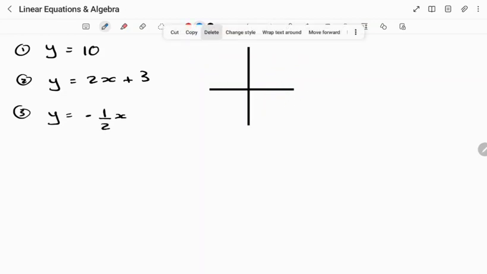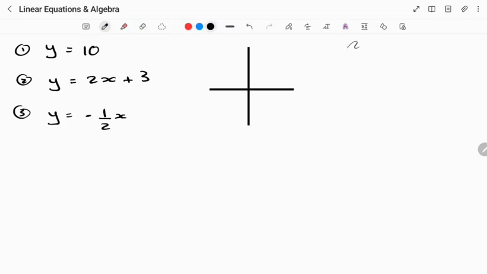For the second equation, we have y is equal to 2x plus 3. So we have y is equal to mx plus b. We have all the variables of the general form. Now, what does this mean? If I were to draw this, you could create a table to get all the points in your graph.